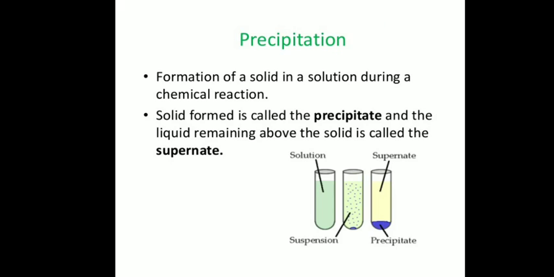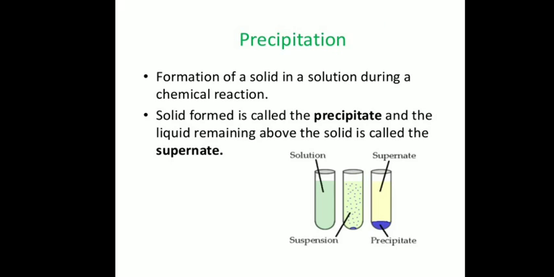Then the next process is precipitation. Now, it is the formation of a solid in the solution during a chemical reaction. Generally in the liquid, different types of particles are present.